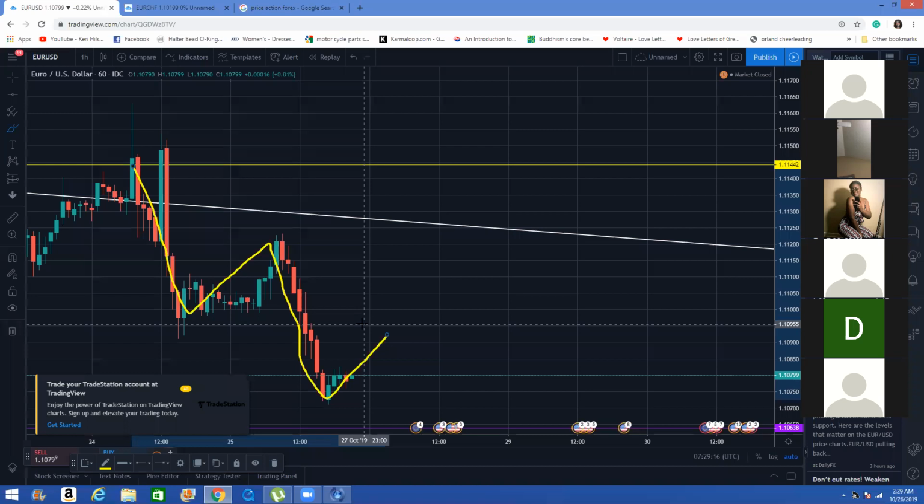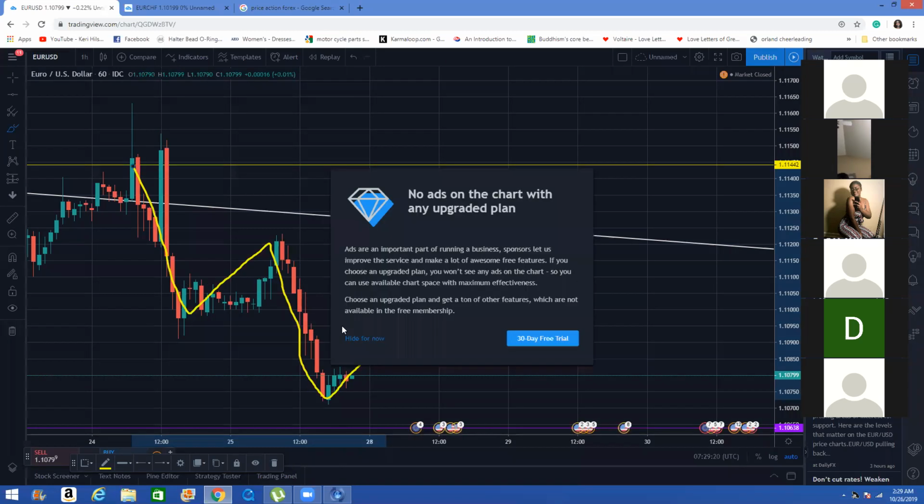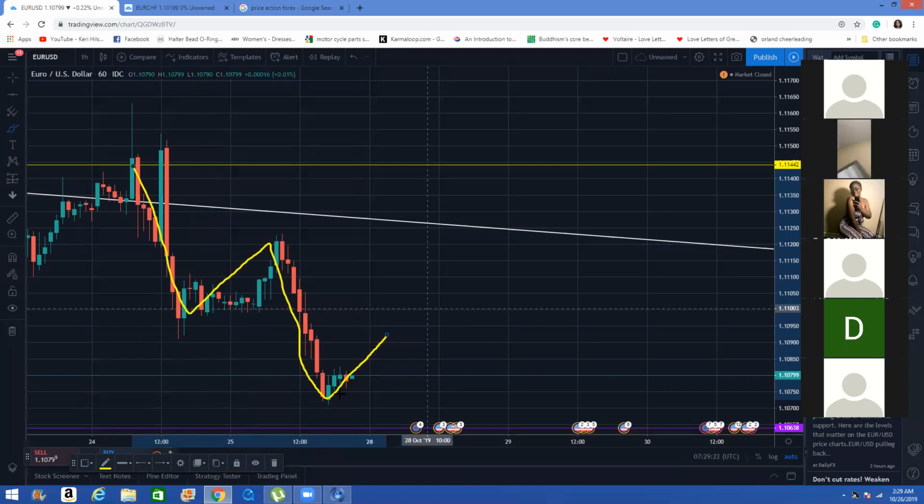My fault. So, like I said, it's fixing to form this lower high right now for this downtrend. That lets you know that it's probably about to pull back and form that lower high. So you should wait.